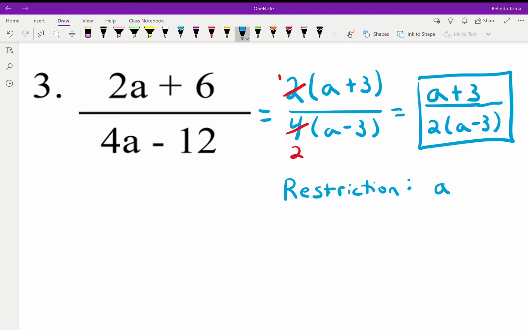We can say, oh, a minus 3, and again, we can take it in the factored form. A minus 3 cannot equal 0. And when we add 3 to the other side, we're going to get, oh, therefore a cannot equal 3. So again, our simplified answer is the first part, and then the restriction is the second part.